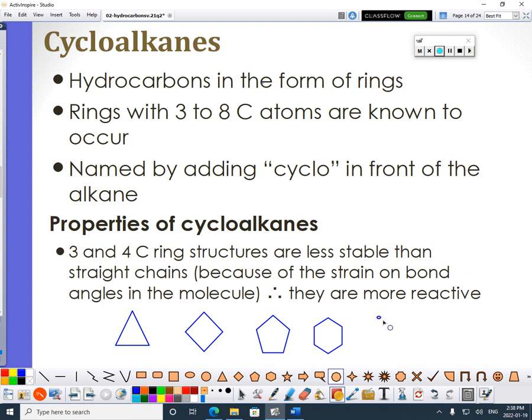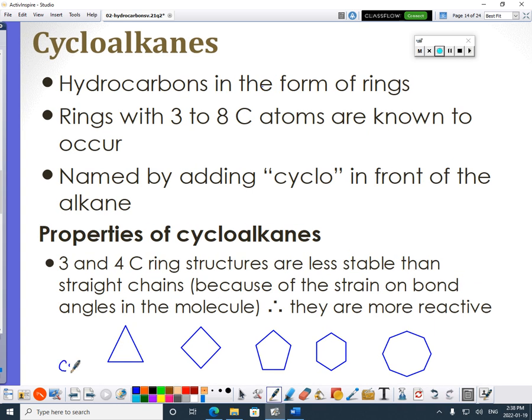I think this is octane. Sometimes for cyclobutane I use the shape so it made a diamond, but it could be a square.